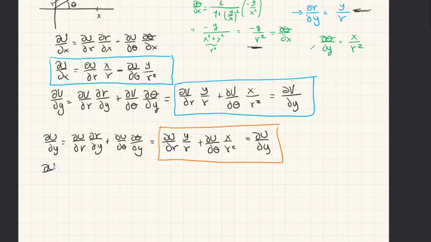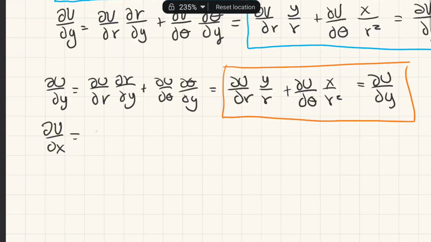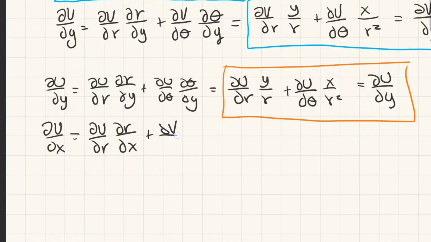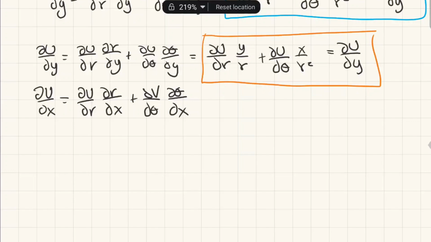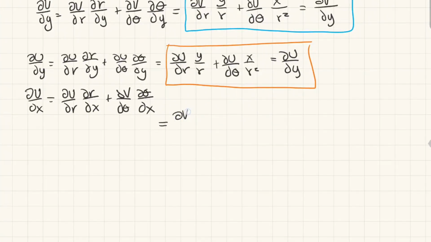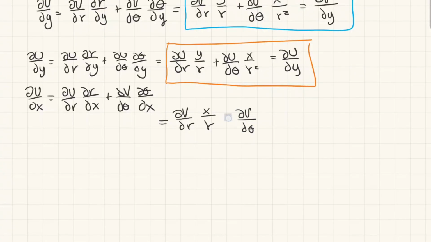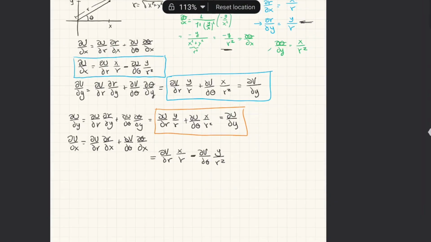And the derivative of b with respect to x is the derivative of b with respect to r, times the derivative of r with respect to x, which is x divided by r, plus the derivative of b with respect to theta, and this will be minus, and then y divided by r squared, right?